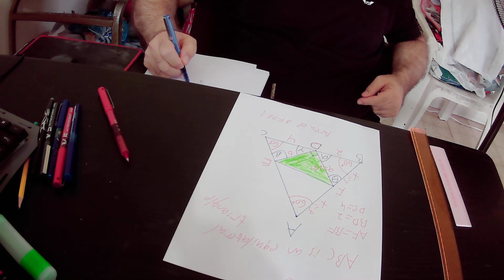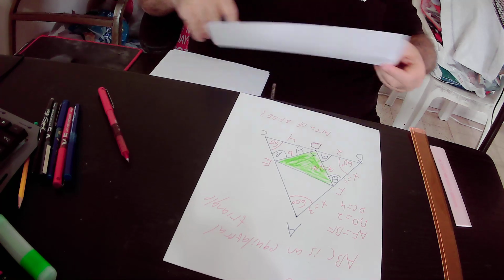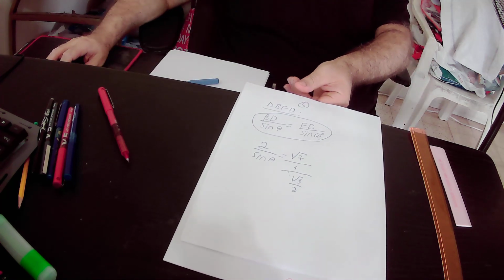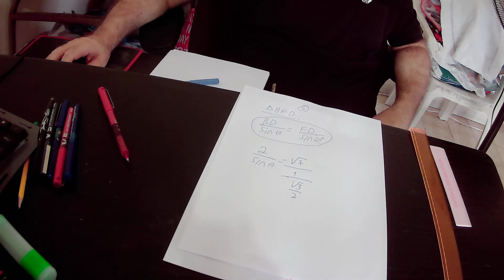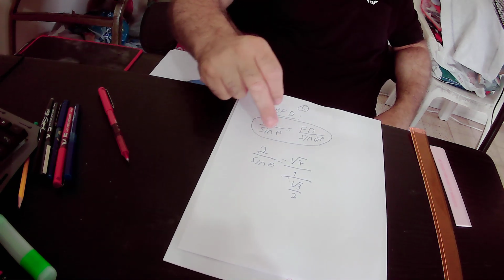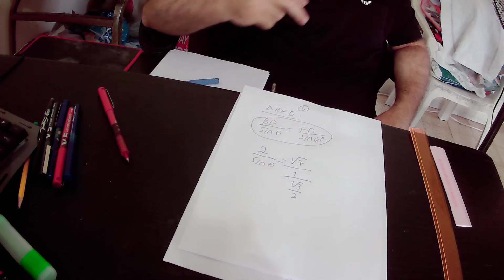Okay, so we actually got that 2 over sine theta equals root 7 over root 3 over 2.